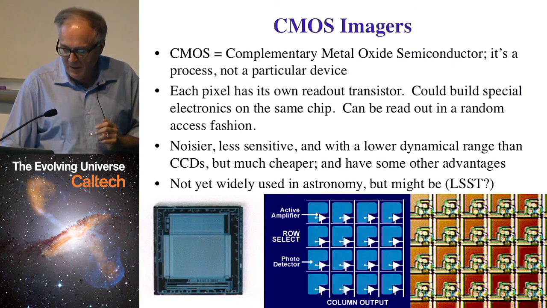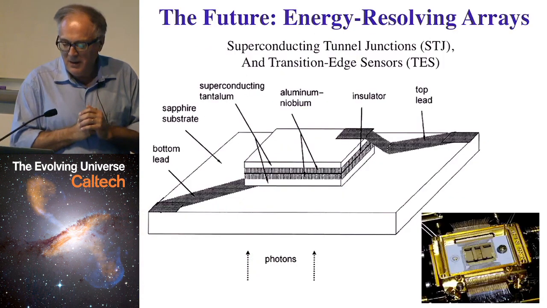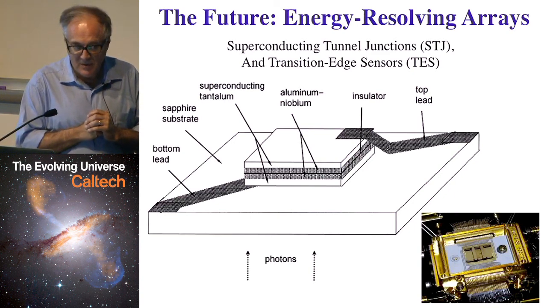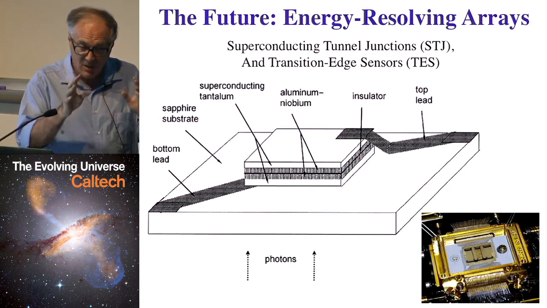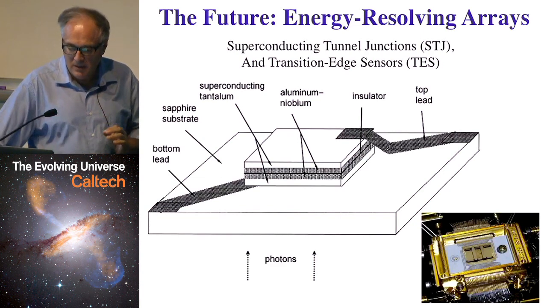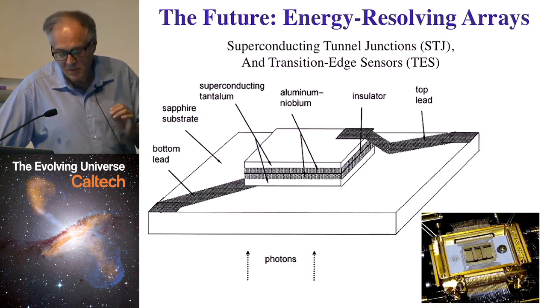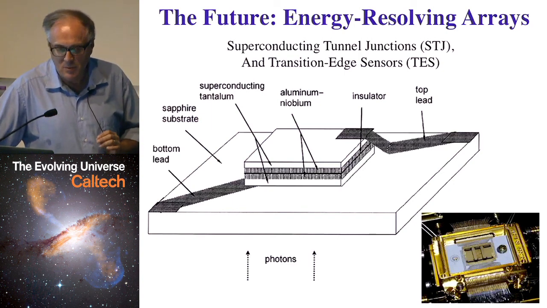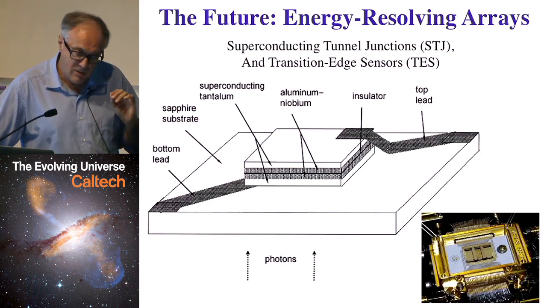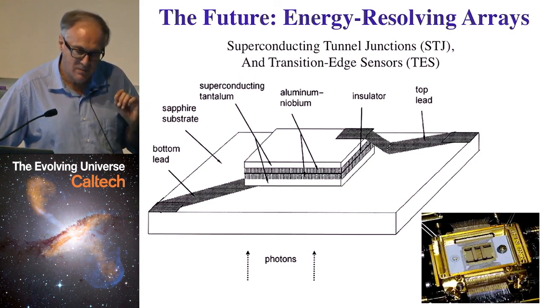The future is, ideally, you'd like to be able to measure the energy of each individual photon that comes in, as well as where it comes in your image and at what time. Now, currently we cannot do this, but there are new generations of devices which are just beginning, which use superconductivity, and they're essentially extremely precise thermometers.